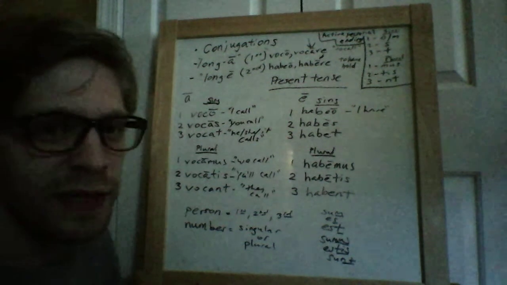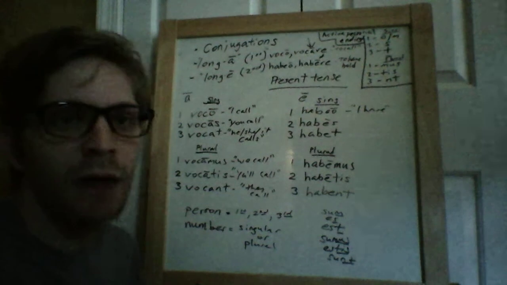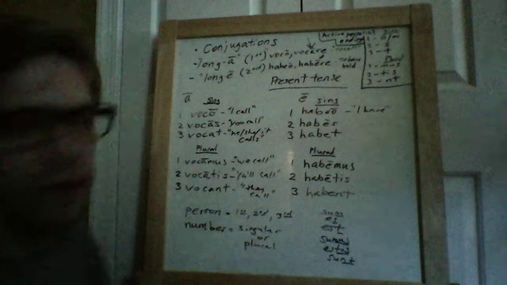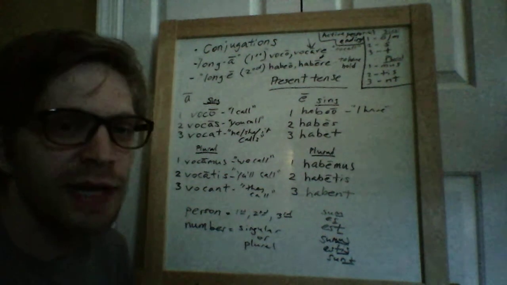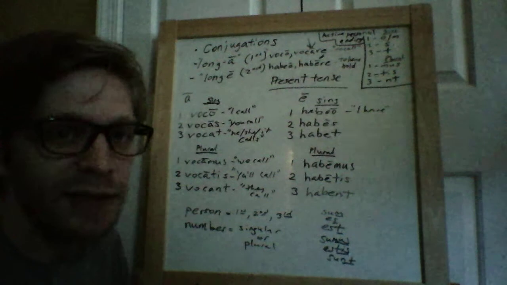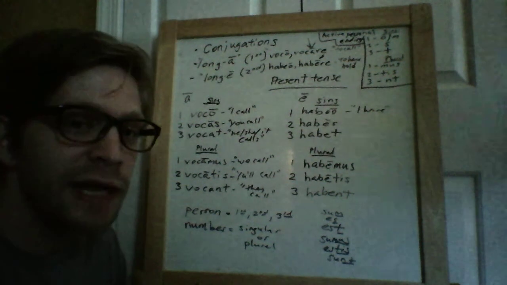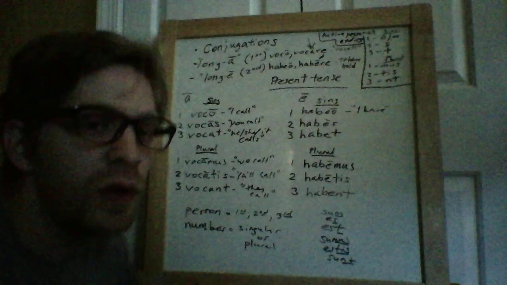So practice with these, get the hang of them. Oh, and I should mention how we translate these. I've translated these as I call, you call, he, she, it calls. Just so you know, the present tense in Latin can actually be translated three different ways. Not just I call, but also I am calling or I do call.